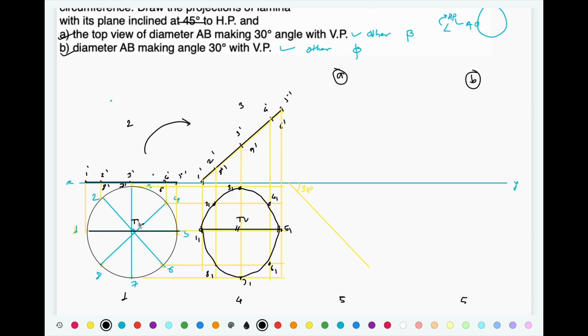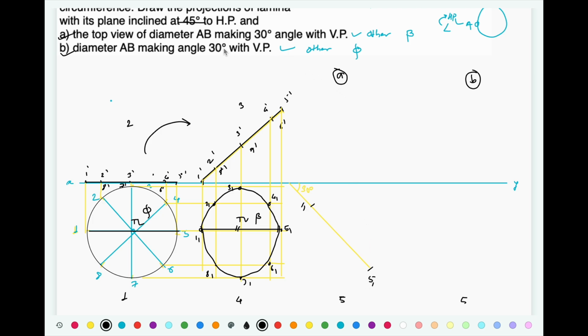If you want to make this true length incline, the required angle is phi, and for top view the required angle is beta, because we are drawing it in a top view. So phi and beta. In a reverse scenario, if those two are supposed to be a part of the front view, then required angles are going to be theta and alpha.